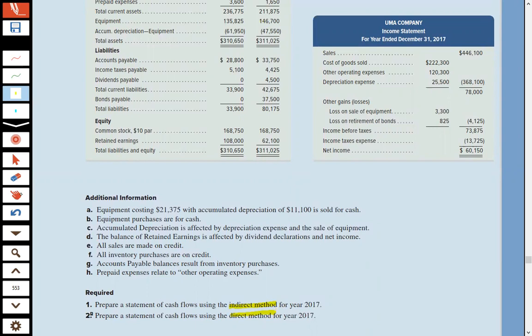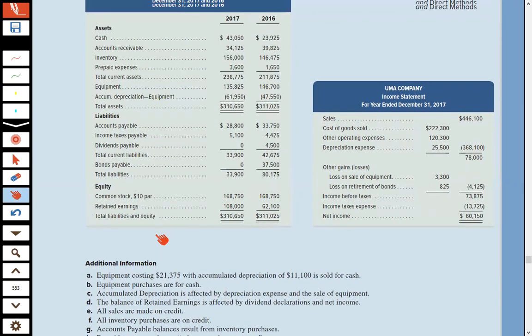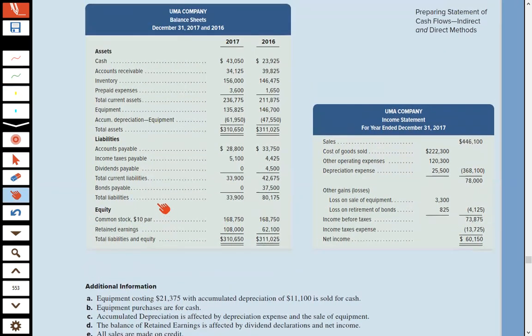Now, for operating activities, we have to calculate the cash received from the customers and cash paid to the suppliers. Nothing to do with this thing because it will reflect our result, that is, how much cash has increased or decreased during the period.